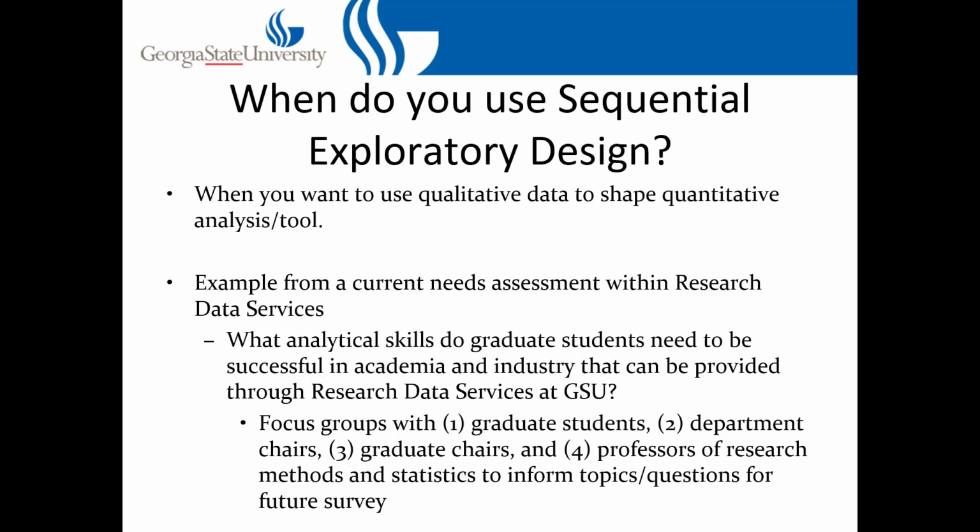But we didn't stop there. We also talked with department chairs, graduate chairs, and professors who taught research methods and statistics. And we're going to use those findings to influence our future survey that will be sent out to all Georgia State University graduate students. So what we're doing is we're talking with people and getting their ideas and their perceptions prior to designing our survey.